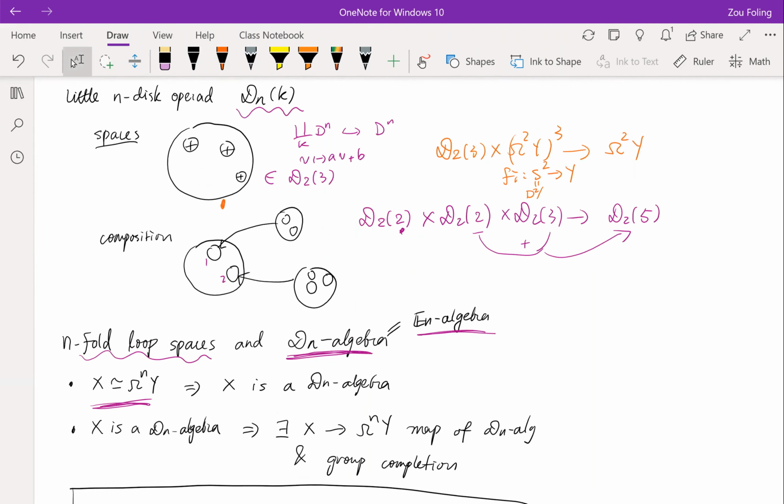I'll just say it: mapping everything in the image of the disk using this map φ_i, and then mapping everything outside the image to the base point, I will get a map from the big disk to Y which is identity on the boundary. So that's an element in Ω^2(Y).